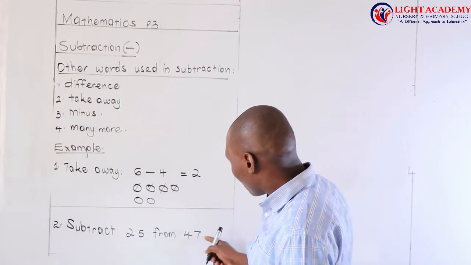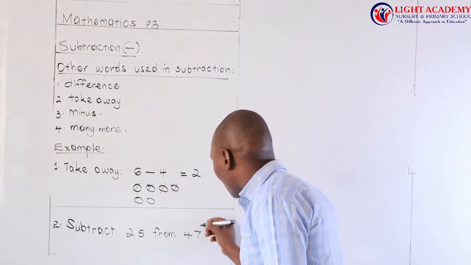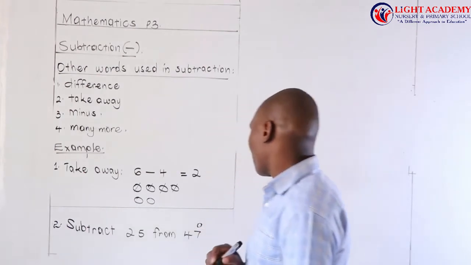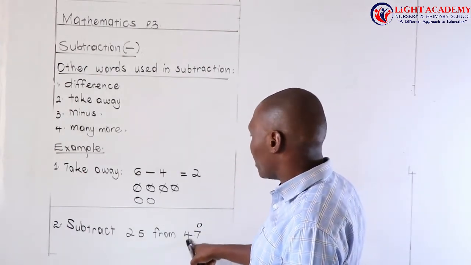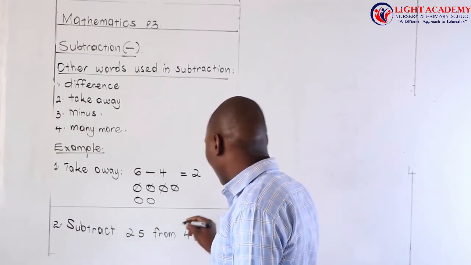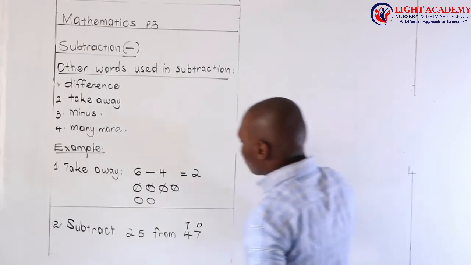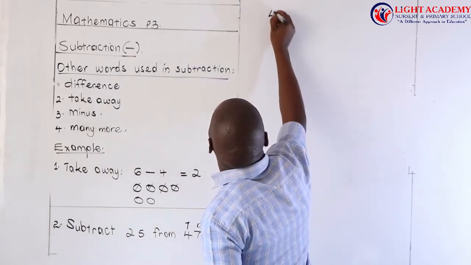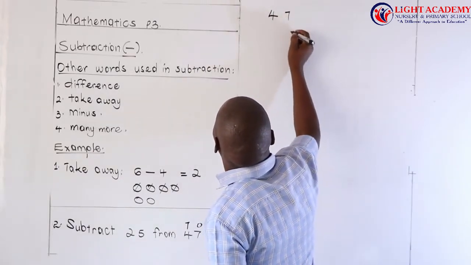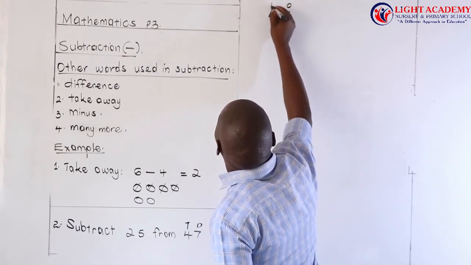So 7 is the first number from the right, so it is under the ones place value. Then 4 is the second number from the right. It is under the tens place value. So since it is bigger compared to 25, I would say 47, with the place values as ones and tens.